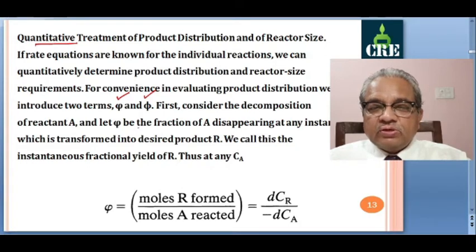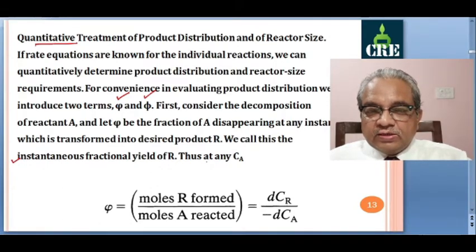Let phi be the fraction of A disappearing at any instant which is transformed into the desired product R. A is getting reacted, consumed, and transformed into the desired product R. We call this the instantaneous fractional yield, at that instant.